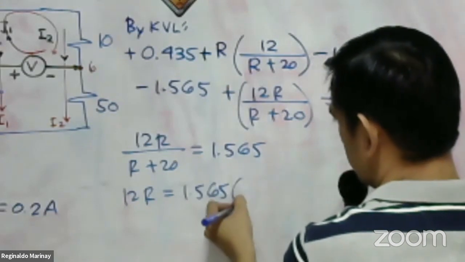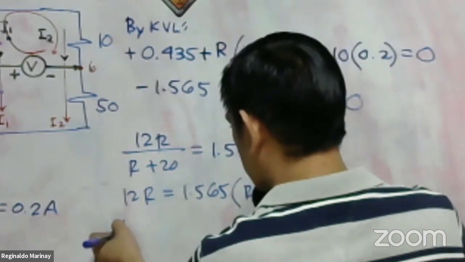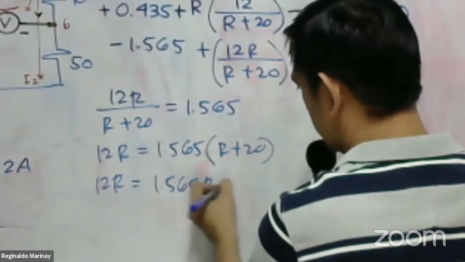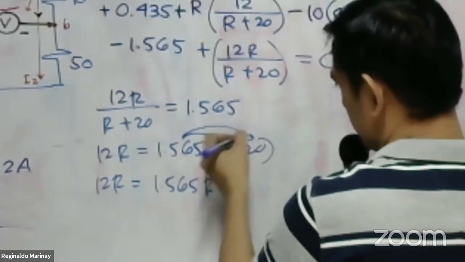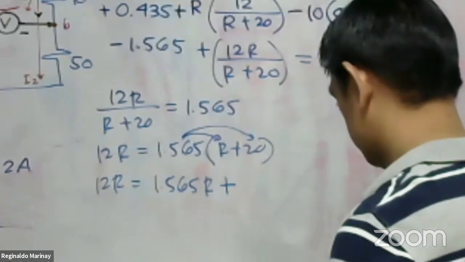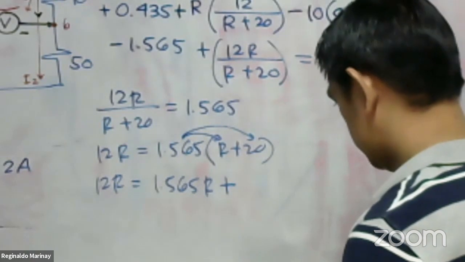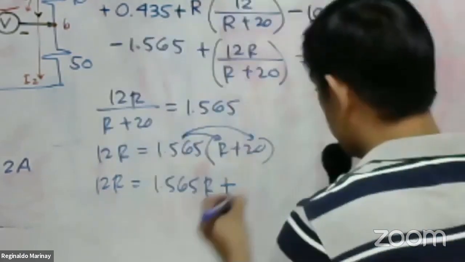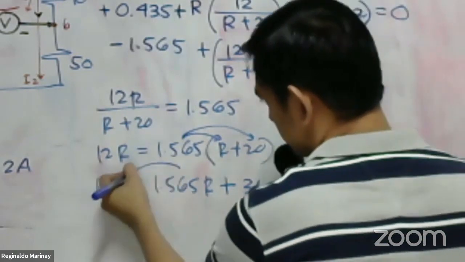1.565, then R plus 20. So we have here 12R equal to 1.565R, plus, let us just distribute this, 20. That is 31.3. Let us transpose this.